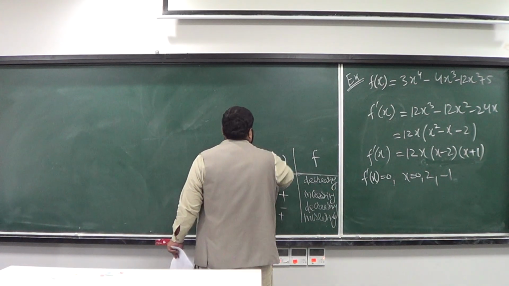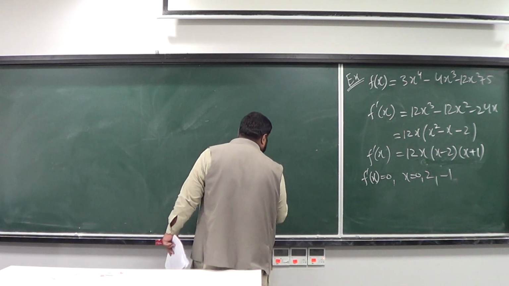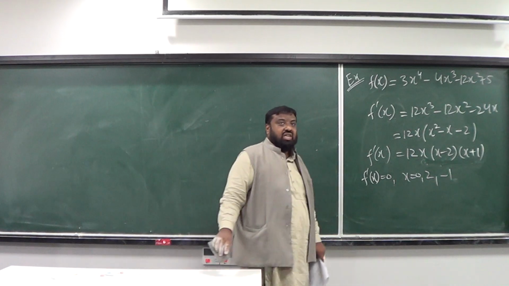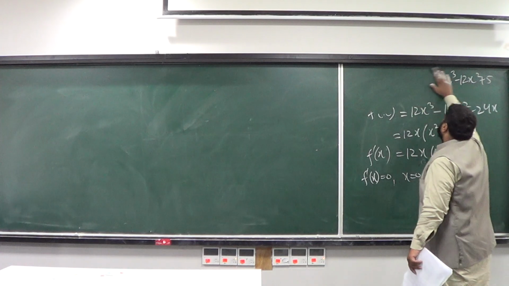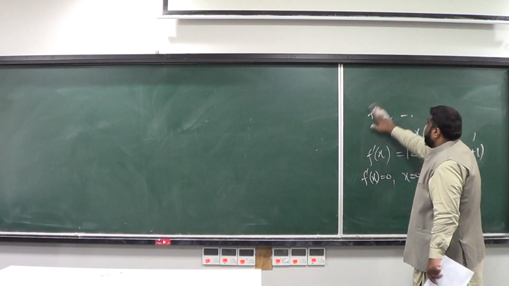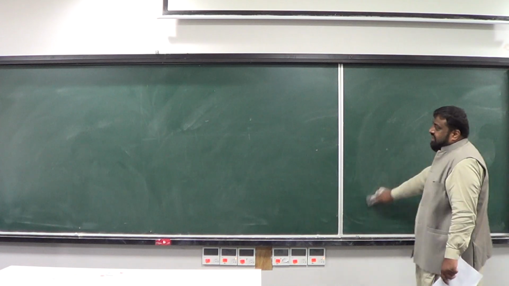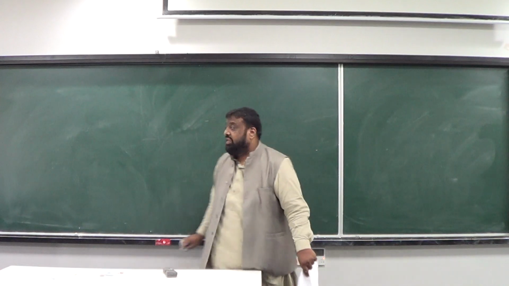It will determine all maximum and minimum points, local and absolute and global as well. The closed interval test just tells you the absolute maximums and minimums. It doesn't tell you local maximums and local minimums. This test can tell you all maximums and minimums.